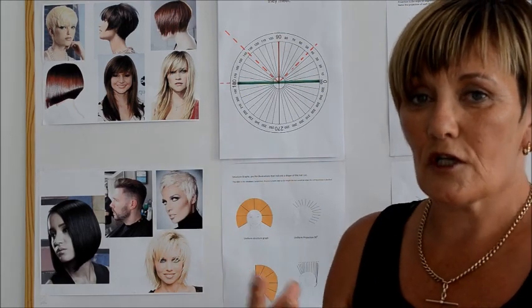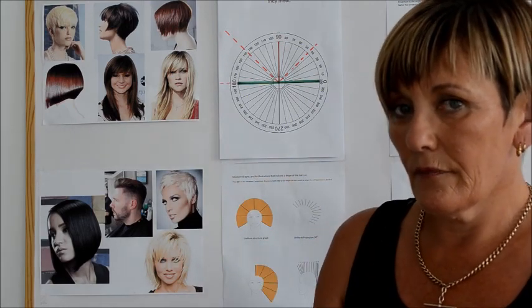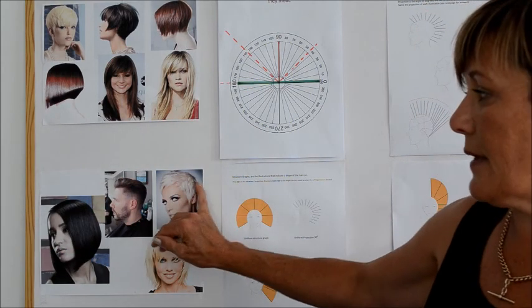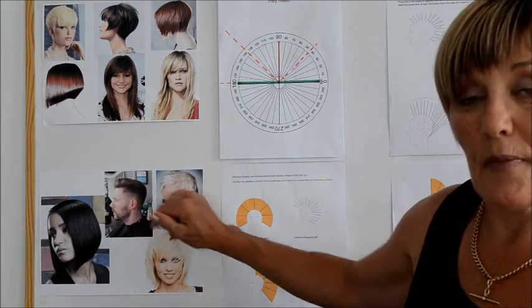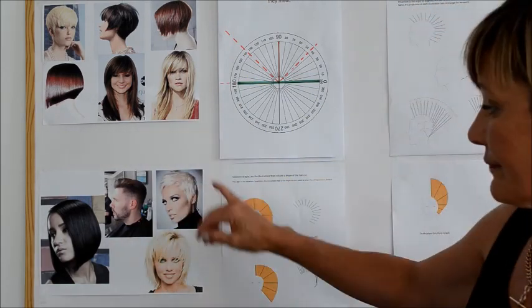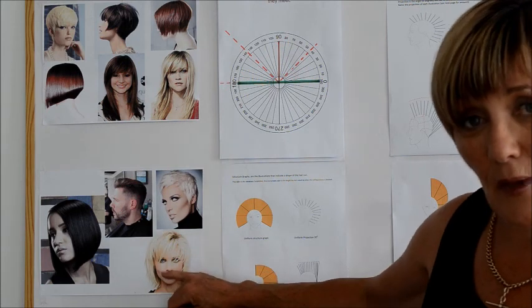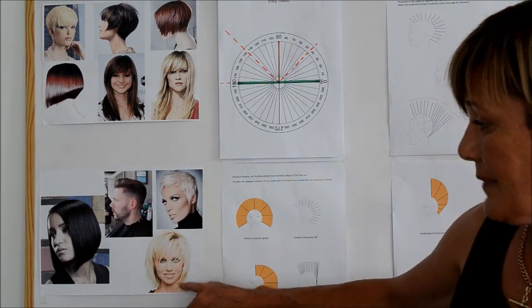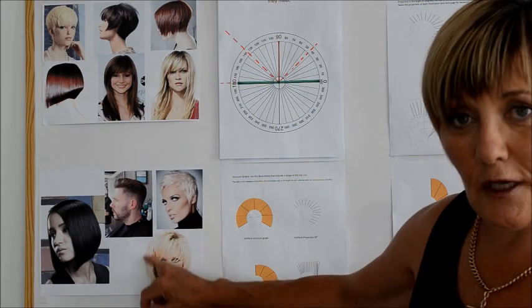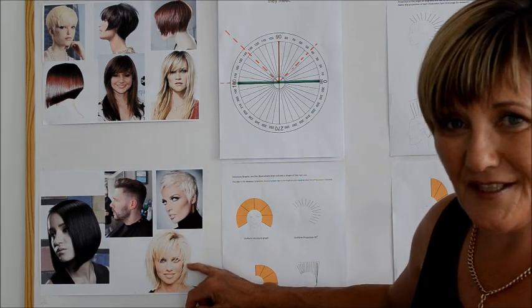Now we can work with structures that are predominantly one elevation. So a predominant uniform layer may be uniform all the way through but slightly graduated at the nape, for an example. Whereas this uniform layer is distinctly the same length at the nape as it is through the top area, and so therefore would be a uniform layer all the way over the head.